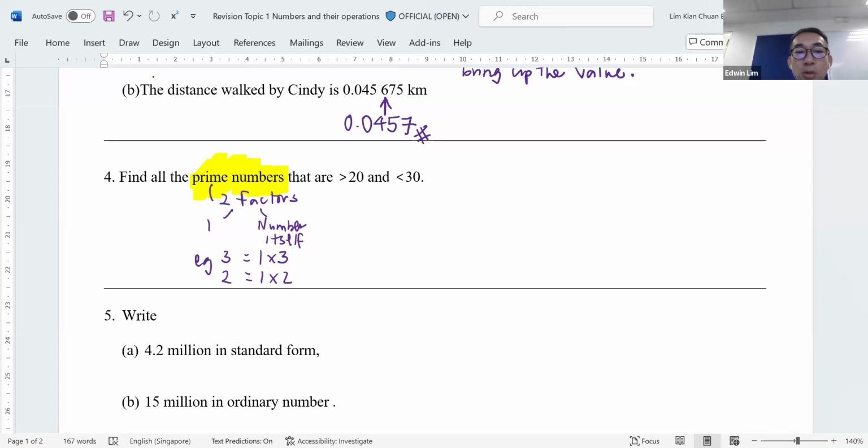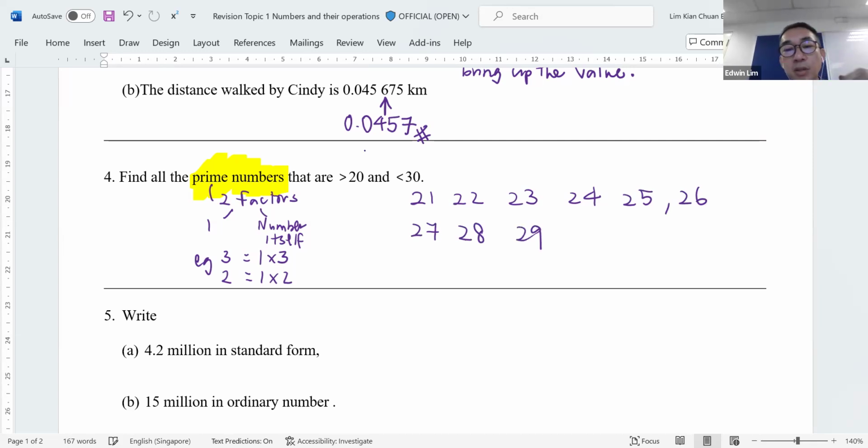Okay, so above 20 and smaller than 30. So I just write down the numbers first, easier for you. 21, 22, 23, 24, 25, 26, 27, 28, 29. Okay, prime numbers usually they are odd numbers. There is only one even prime number, that is 2.